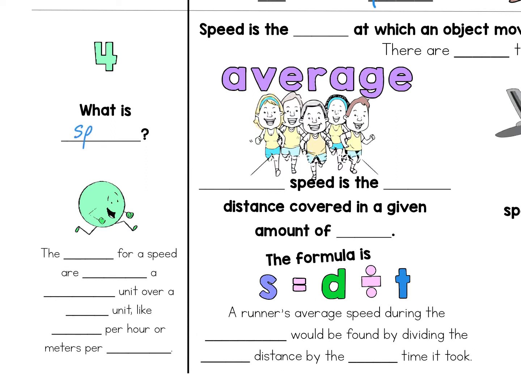Now, let's consider topic question number 4. What is speed? The units for a speed are always a distance unit over a time unit, like miles per hour or meters per second.